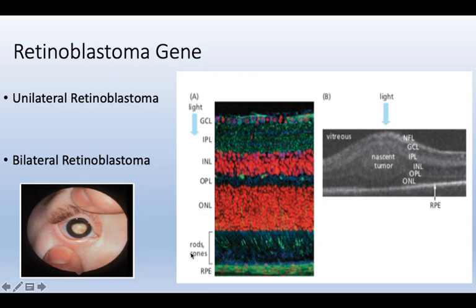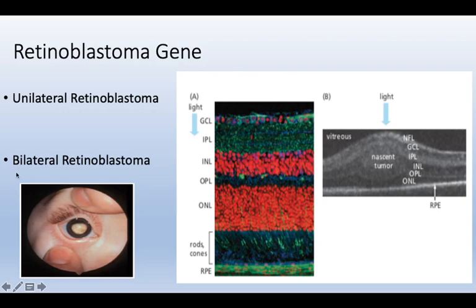The nuclei of both rods and cones are located in the ONL, the outer nuclear layer, followed by the outer plexiform layer, then the inner nuclear layer, followed by the inner plexiform layer. Then there is the ganglion cell layer, and this side is where the light is exposed. This is the outer surface of our eye.